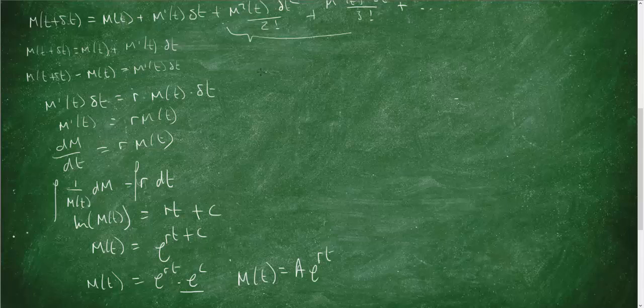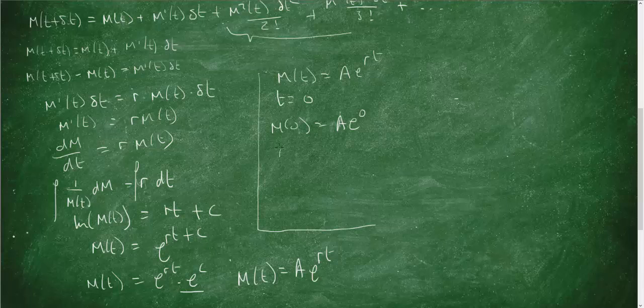So now what we have to do is find out the value for a. So we have m of t equals a e to the rt. At time equals 0, we would have m of 0 equals a e to the 0.